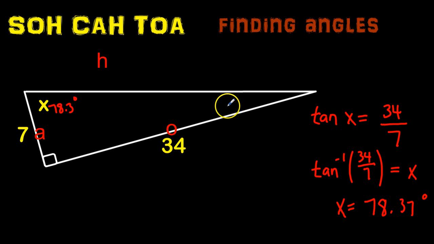So if I needed to find this angle, I could just subtract 78.3 from 90, and I would have, oh, what is that, 11.7. So if I needed to find that, just need to make sure that these two add up to 90, and that would be 88, 89, 90 degrees. Something to keep in mind there.